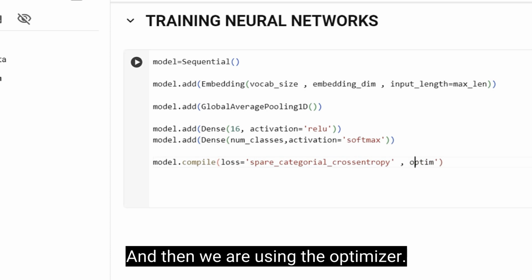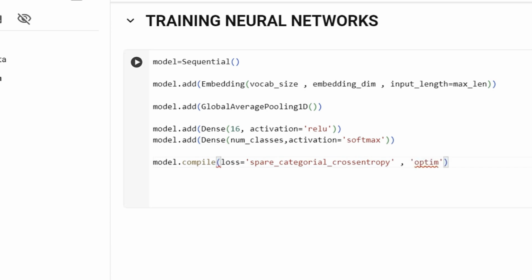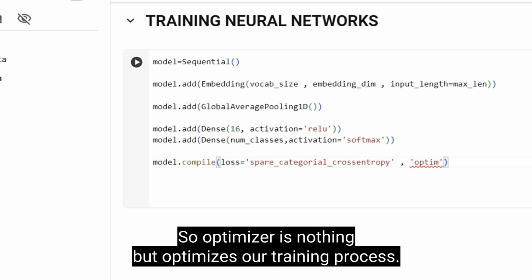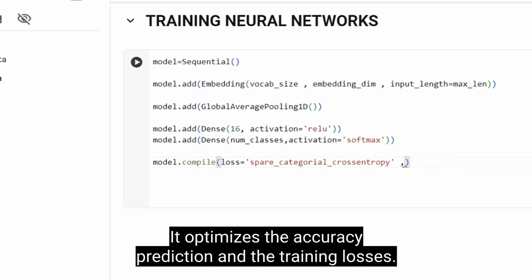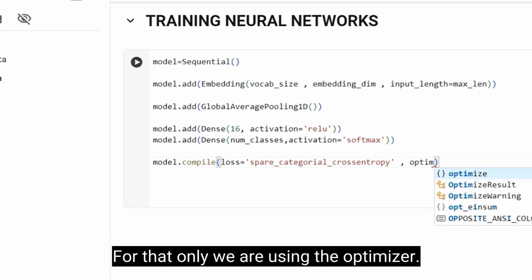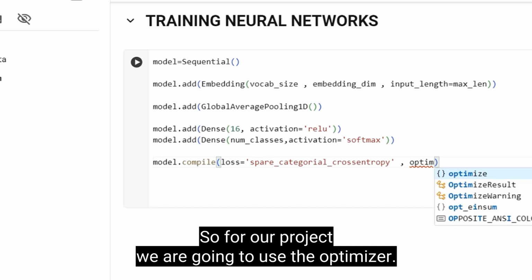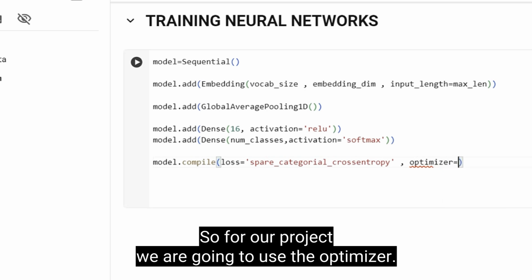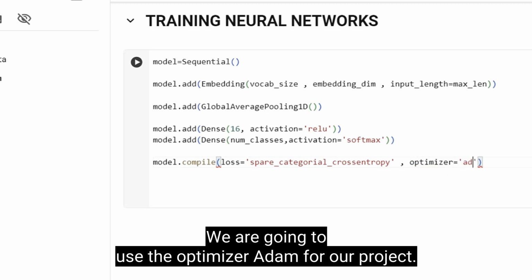And then we are using the optimizer. So optimizer is nothing but optimizes our training process. It optimizes the accuracy, prediction, and the training losses. For that only we are using the optimizer. So for our project, we are going to use the optimizer Adam.